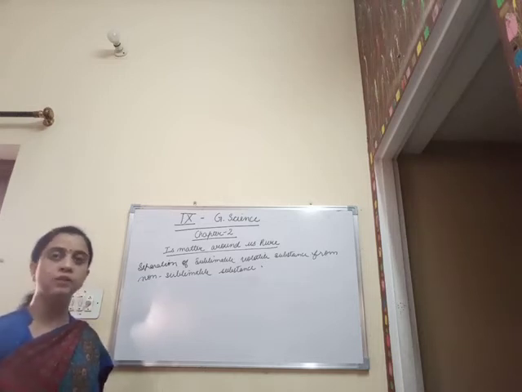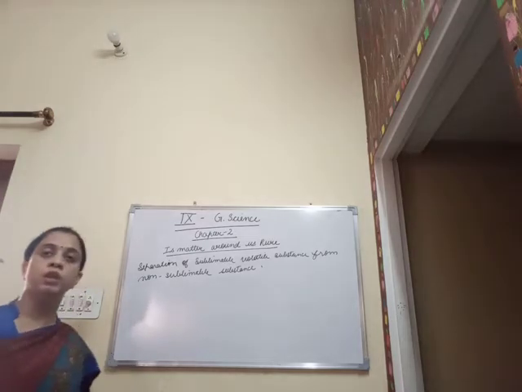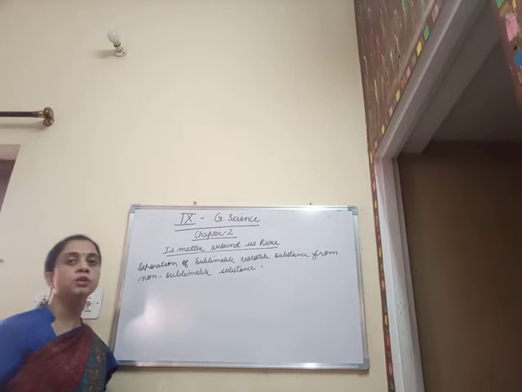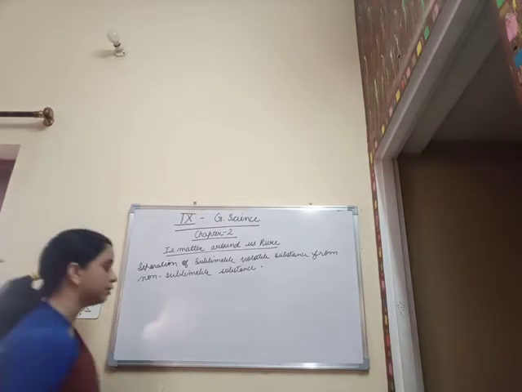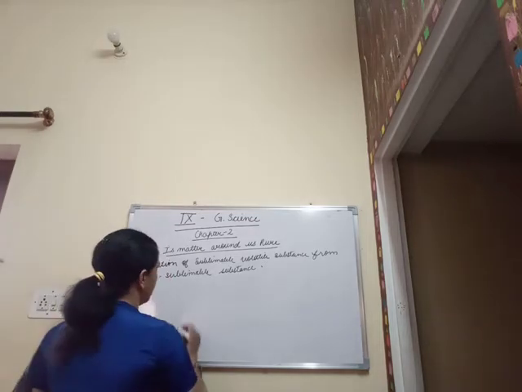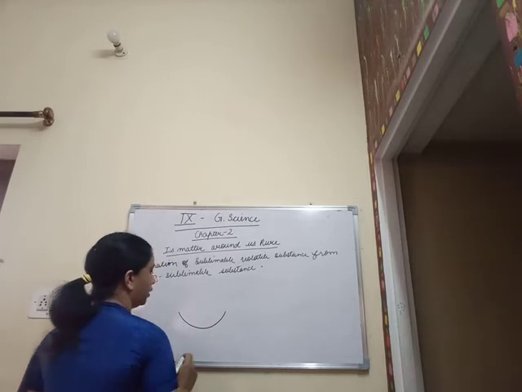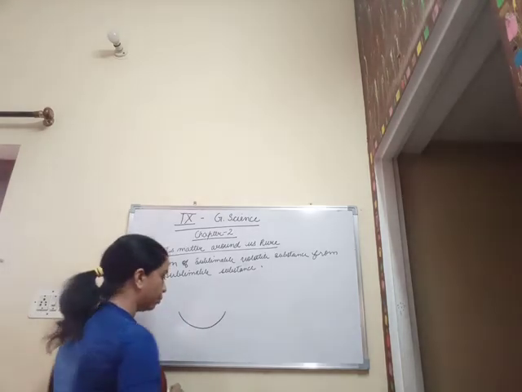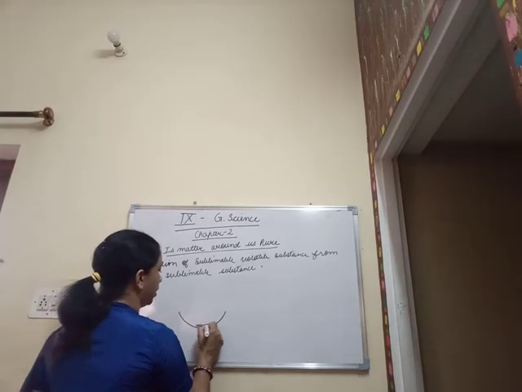In this activity which we are going to perform over here, we are going to use ammonium chloride along with salt. We are going to form a mixture of ammonium chloride and salt as it is given in your NCERT book. So what is required over here? We are going to take a china dish, and in this china dish we are going to put a mixture of ammonium chloride and salt.